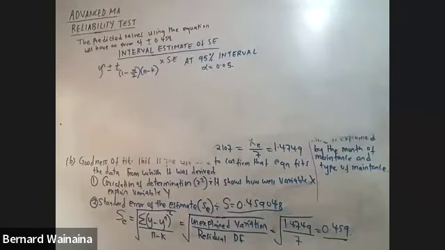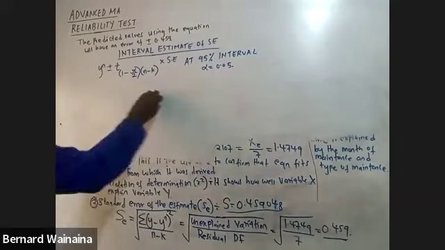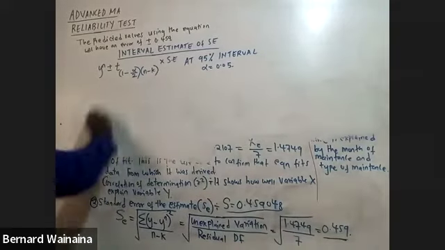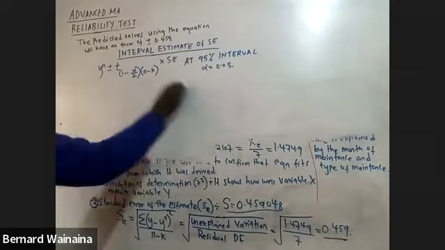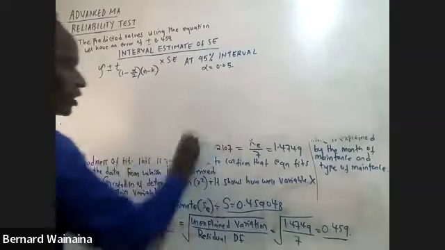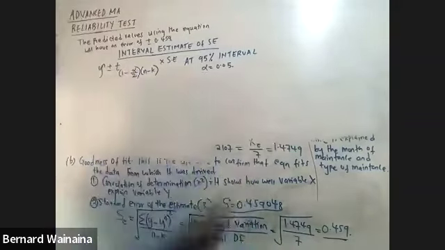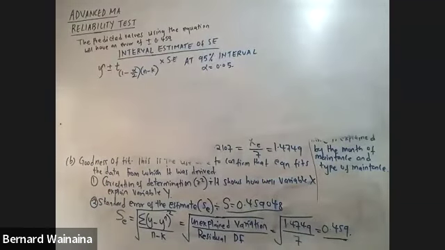So what is the F value according to the question? Part 3. Required part 3. What is the F? 21.36. Yes. Now, that one is the F critical. Now we need to find the F calculated.